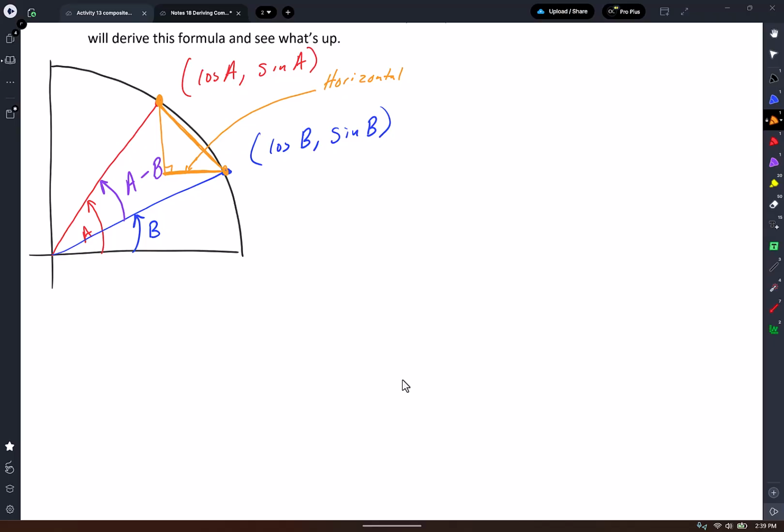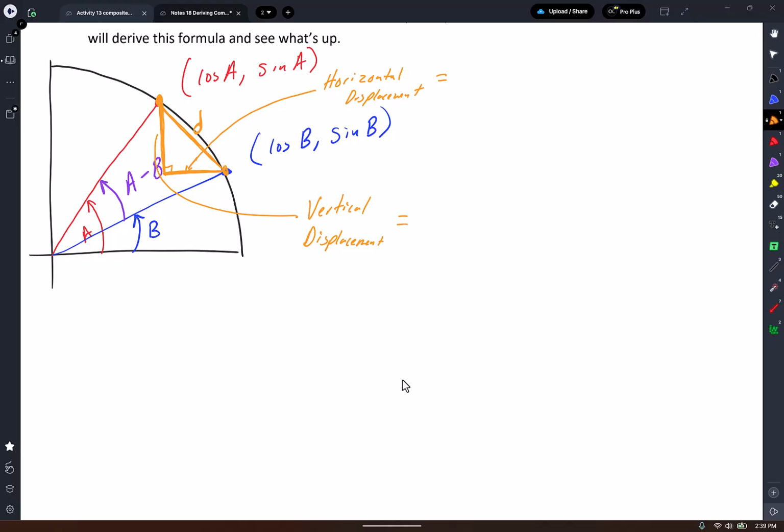And this vertical distance here, I'm going to call the vertical displacement. Are we okay? And I'm just going to call this distance D for distance, the hypotenuse. Have I confused anyone?